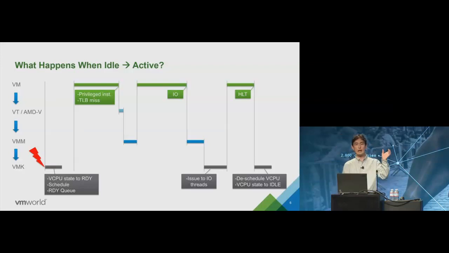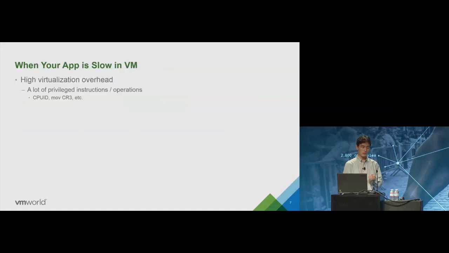But whenever there's a gap, that's a source of overhead. So if your application tends to have that gap, or your virtual environment consolidation is too much, then you will start seeing performance slowdown.